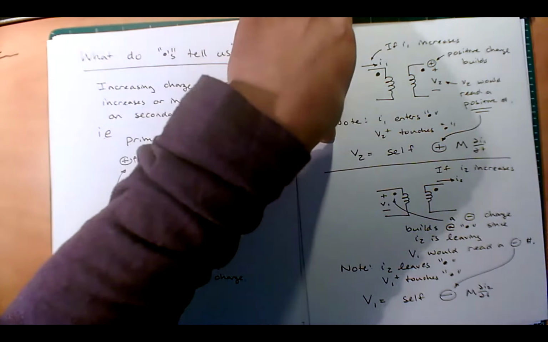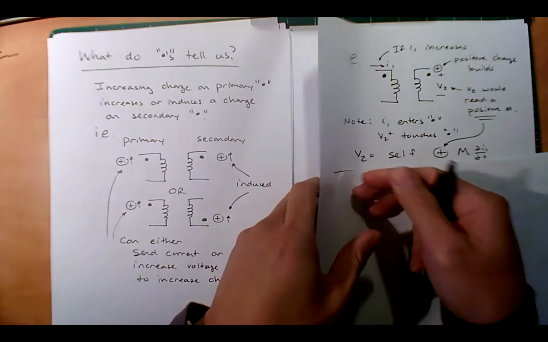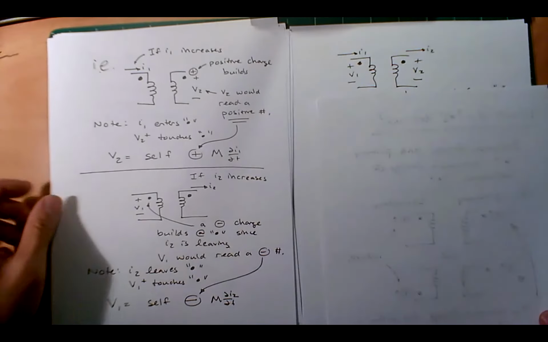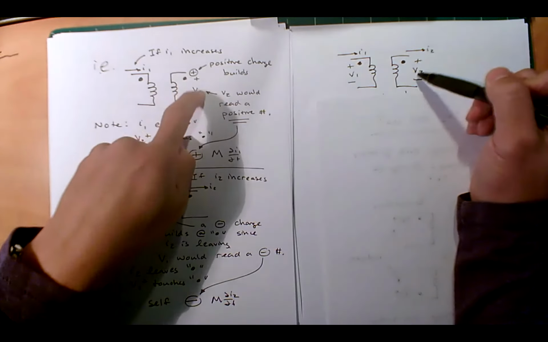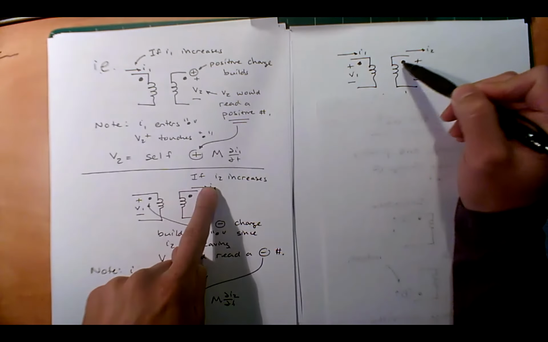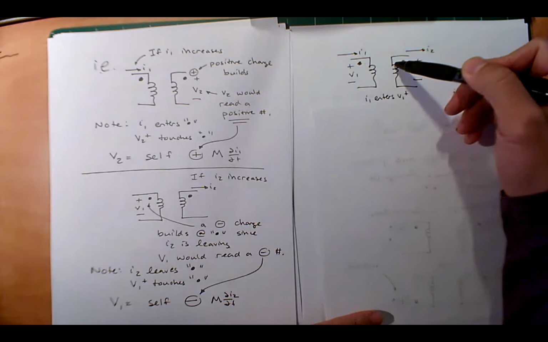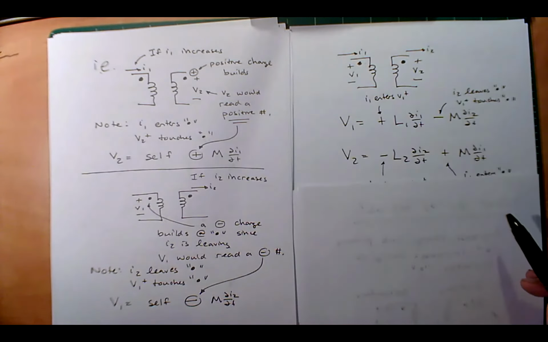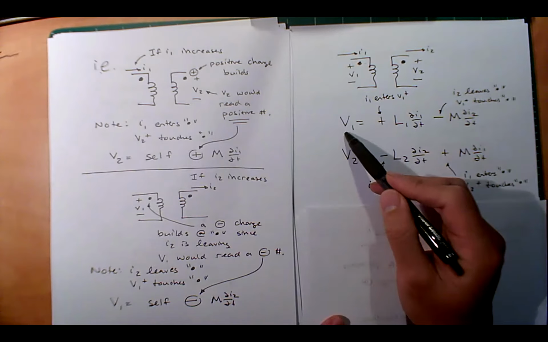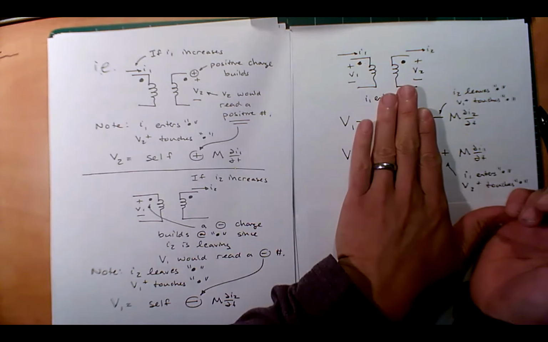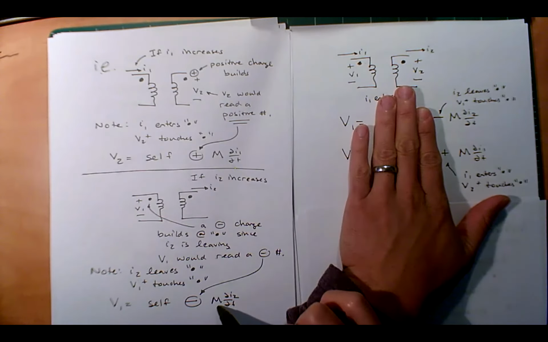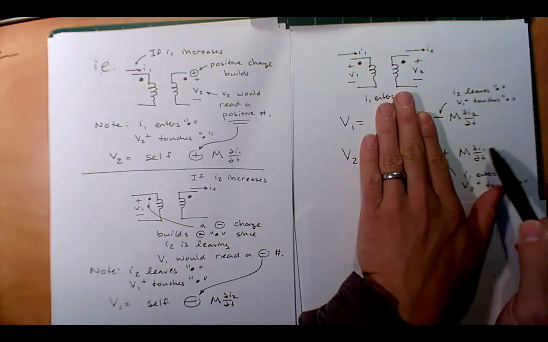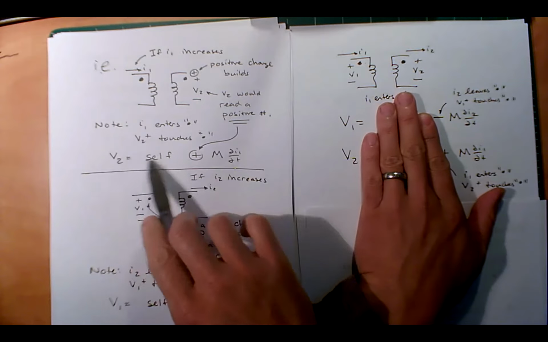Okay, so if I were to summarize what I just did, this is essentially these two things. Notice I have V2 with the positive here, I1, and I have I2 leaving the dot in V1. If I were to write out the full mutual inductance equations, I would get this. V1 equals, I'll just look at the mutual inductance, minus M di2 dt, that's what I have over here, plus M di1 dt, that's what I have here, okay?